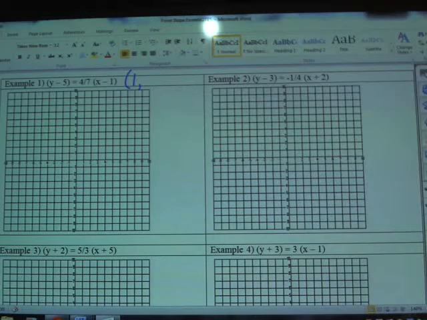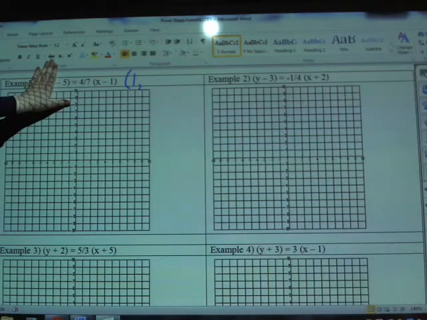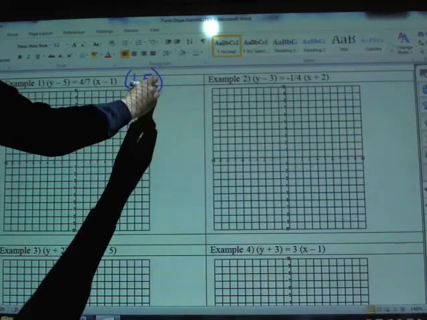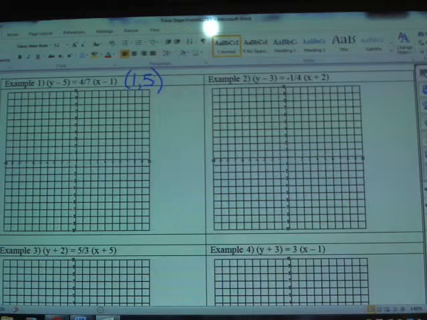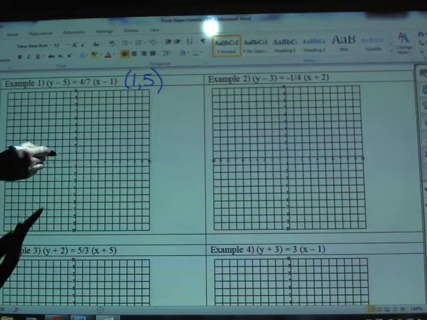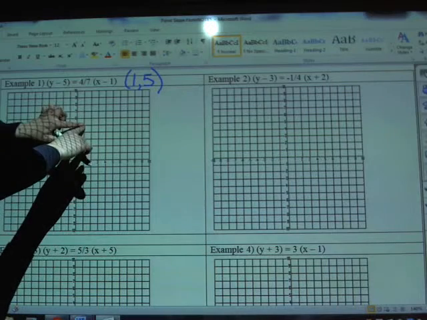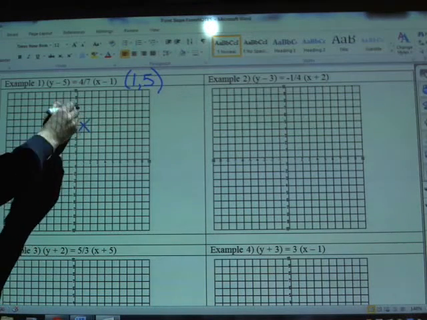All right, its y value that's going to match up with it, that's over here. Notice this says -5. So I'm going to plot its opposite, which is 5. So I'm going to plot the point 1, 5, which means from here I'm going to go 1 on the x-axis and 5 on the y-axis, and where they meet is right here. Put a dot.